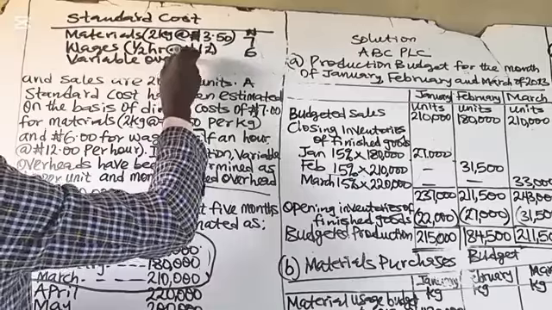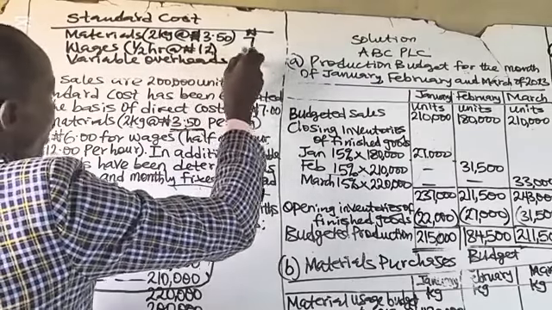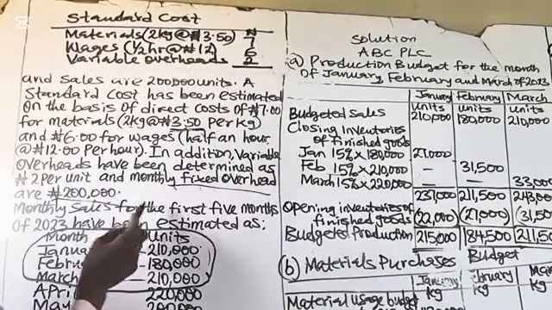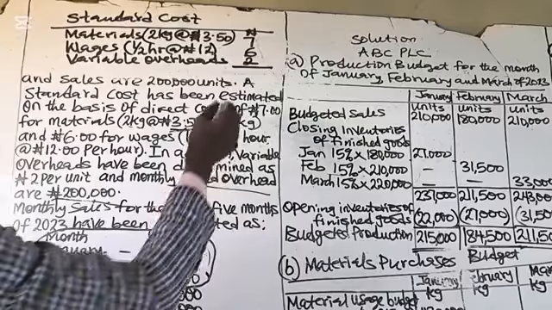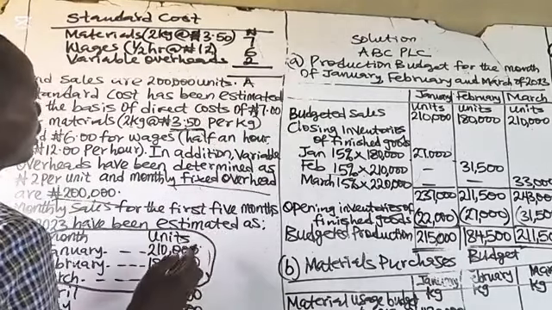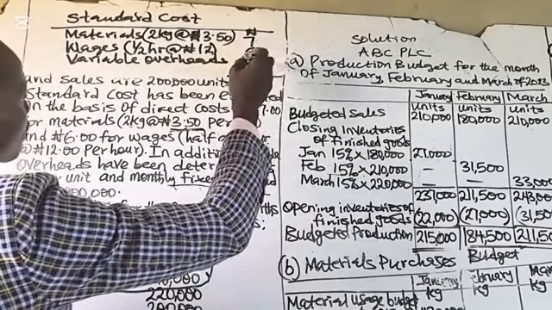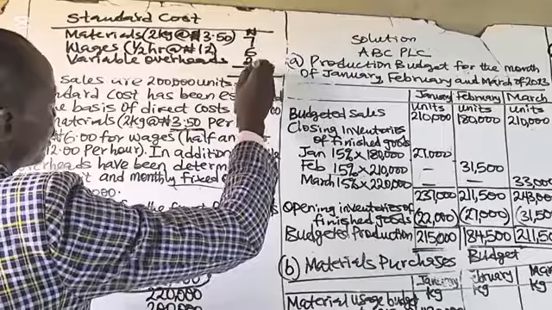That is 2 naira. If you sum up this now, because the next item is fixed overheads, the standard cost now will be this plus this, 8 plus 7, 15.